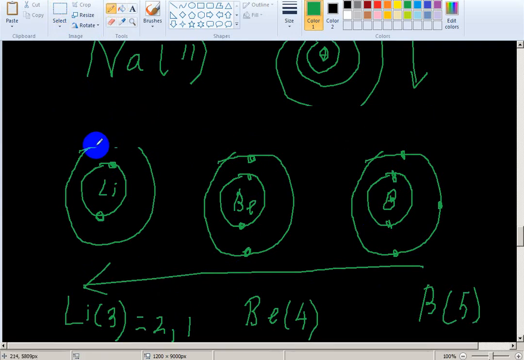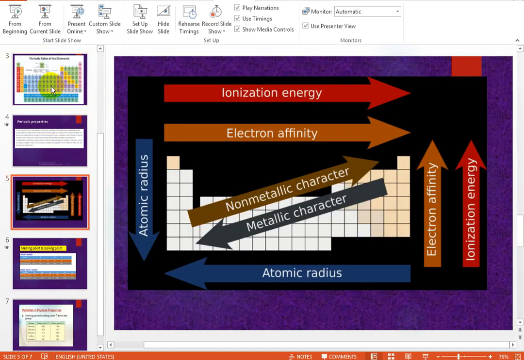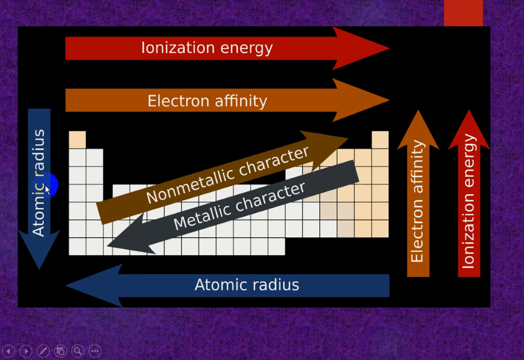Have you understood? So I have shown these things. Atomic radius increases from right to left. Why does atomic radius decrease from left to right? I have already explained.